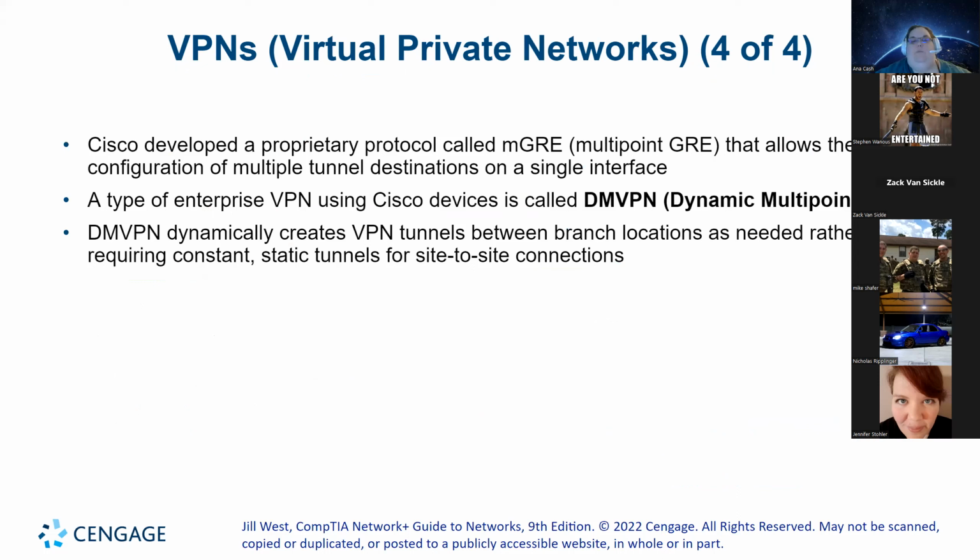A type of enterprise VPN using Cisco devices is called DMVPN, or dynamic multipoint VPN. DMVPN dynamically creates VPN tunnels between branch locations as needed, rather than requiring constant static tunnels for site-to-site connections.